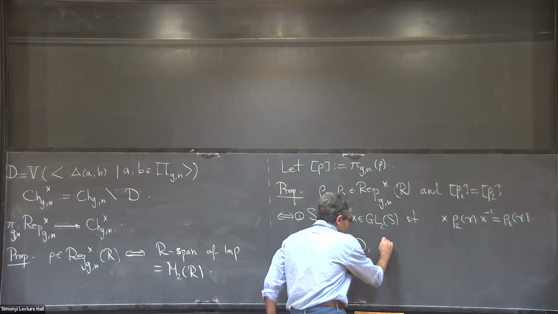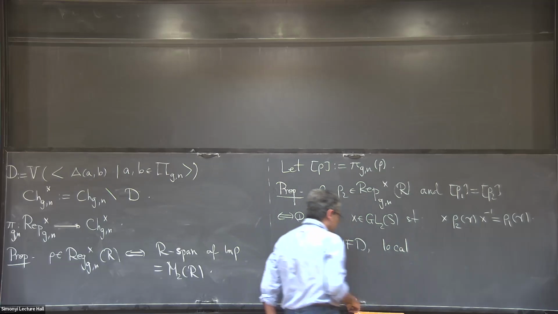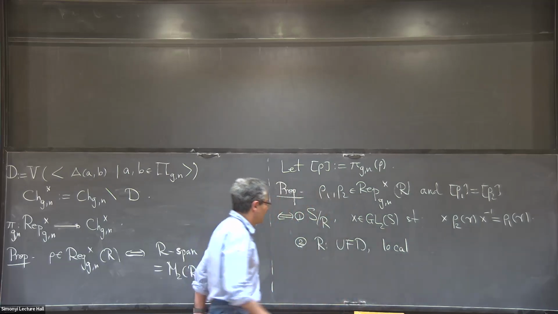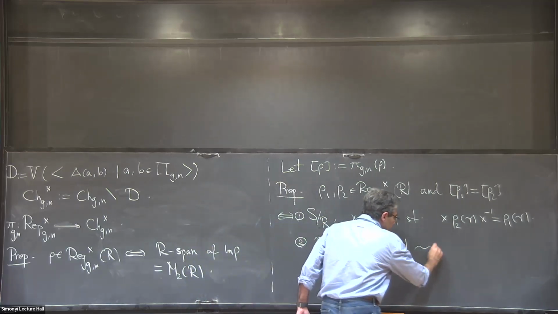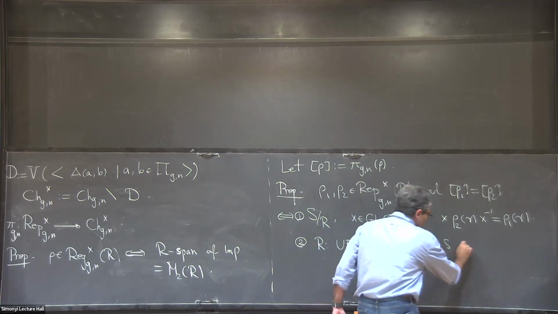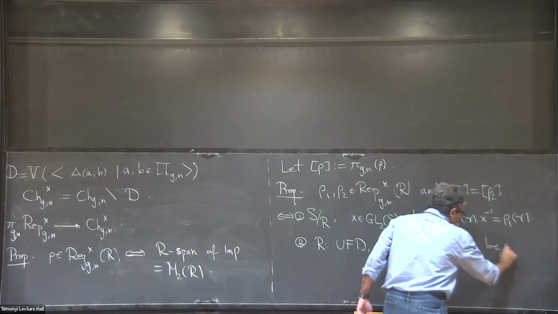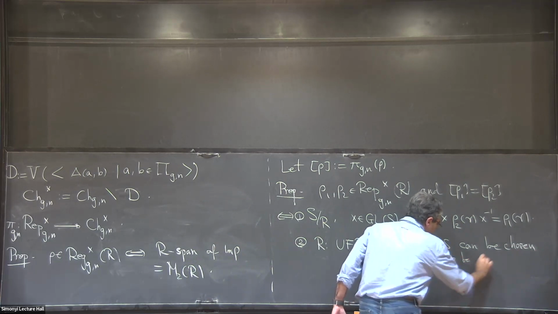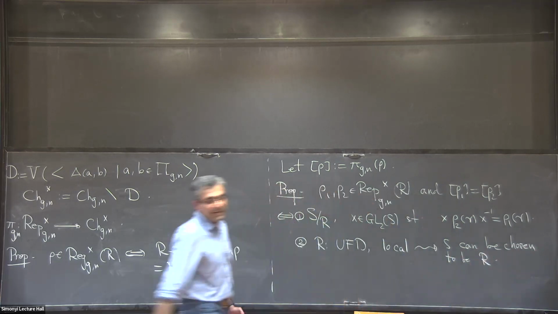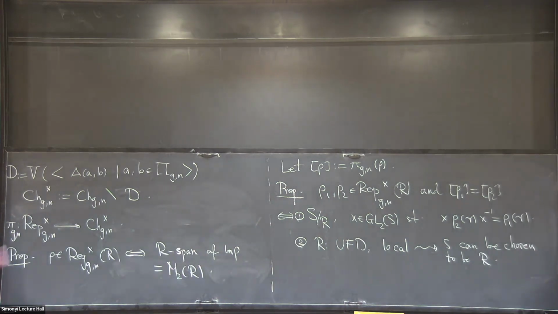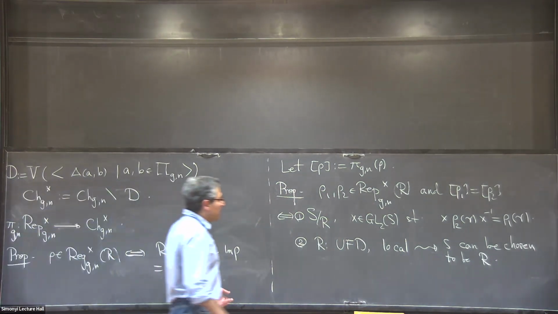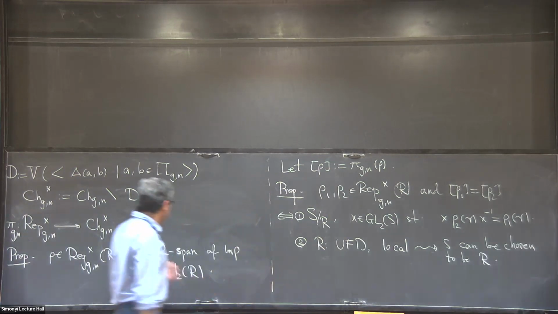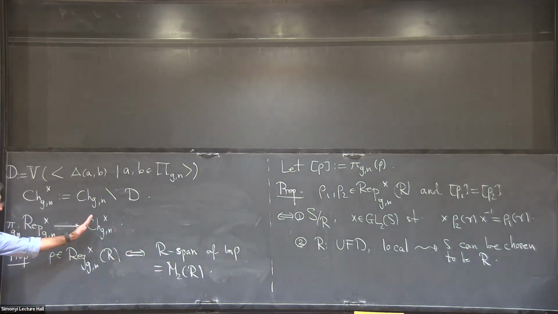So the special case would be if R is a UFD or a local ring, then I can choose S to be R. So in many cases that are of interest, we can conjugate it within the same ring and get the other point. But so far I have described kind of going from here to there.